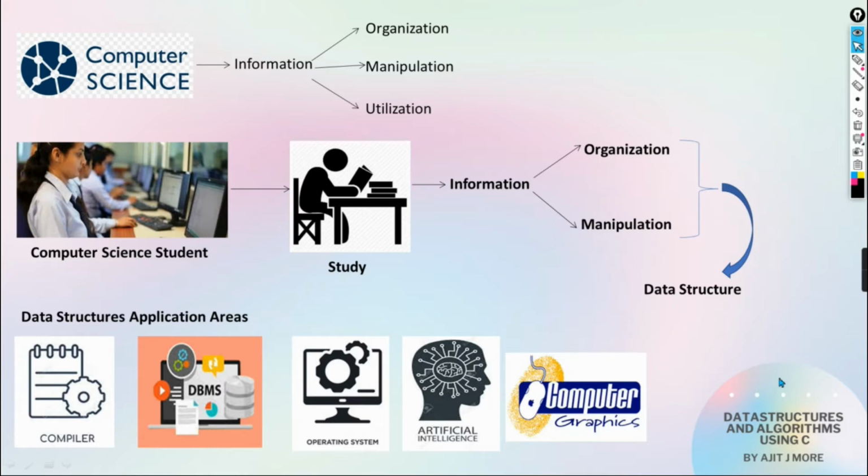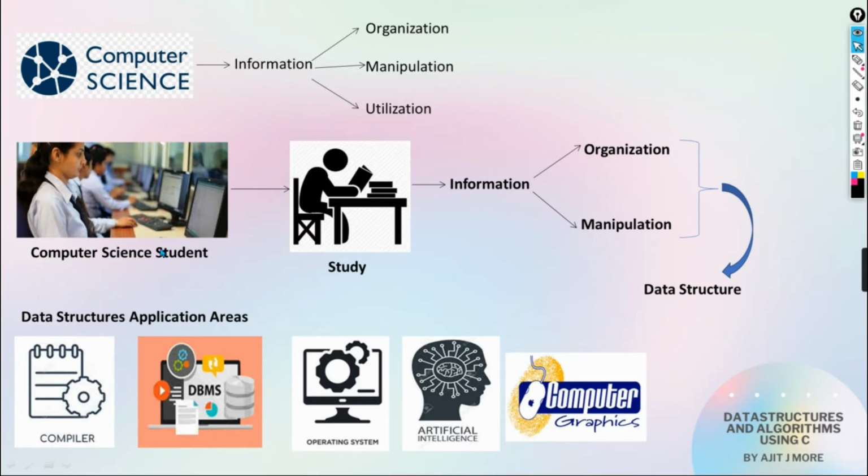Getting? So in crux, to take a short recap of this whole discussion, we first discussed what is computer science. Computer science is mainly concerned with information organization, performing different manipulations on that information, and then utilizing that information in different fields.